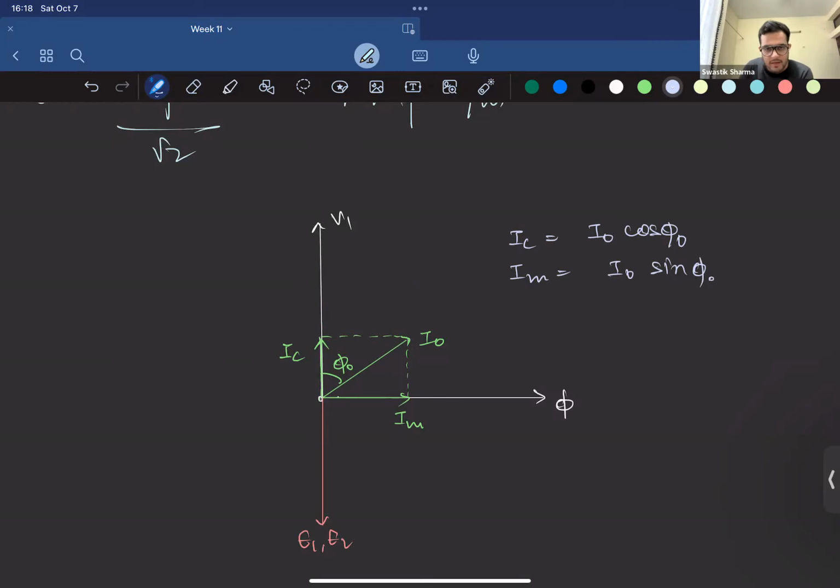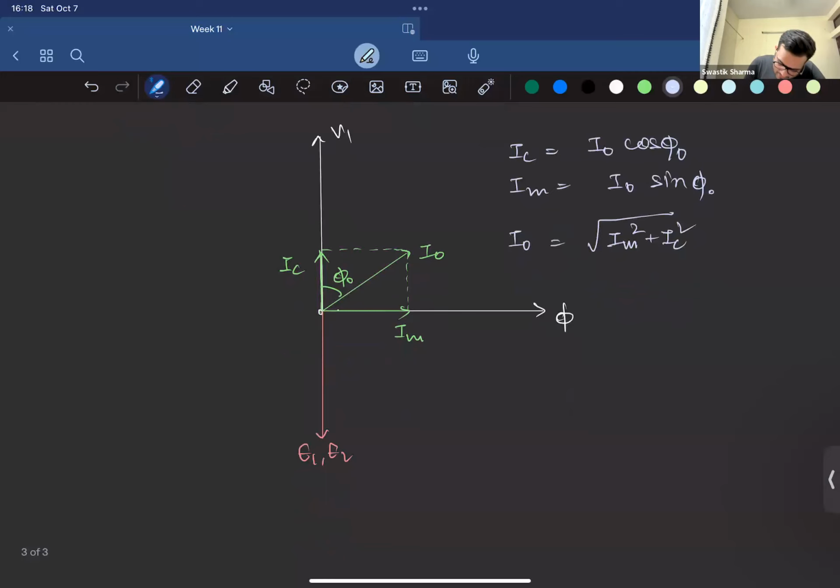Which can also be written as, right? So this is how we write it. Now since I said that IC represents the core losses, we need to know how to write core losses, right? So core losses are nothing but V1 times IC, that is V1 times I naught cos phi naught.